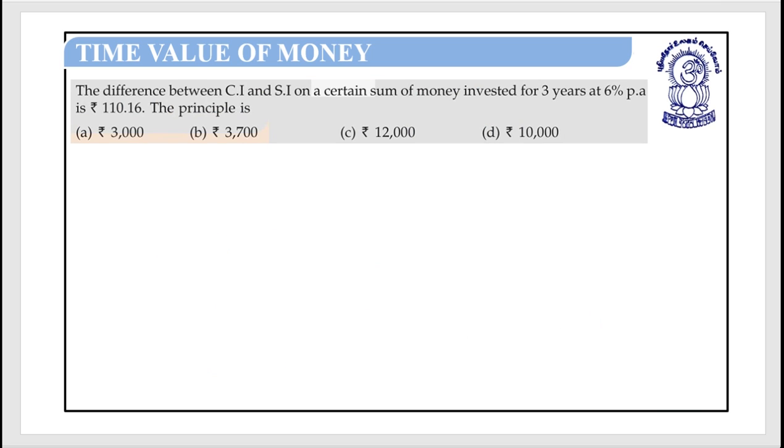Now next question. The difference between compound interest and simple interest on a certain sum of money invested for 3 years at 6% per annum is rupees 110.16.